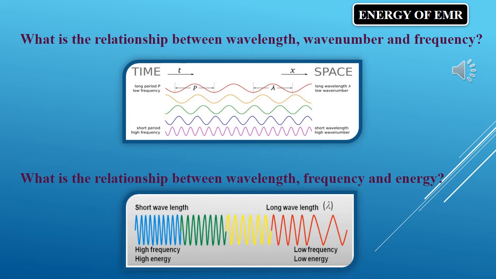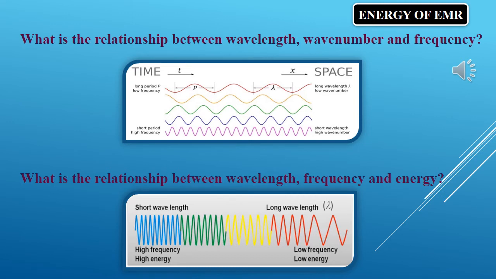In view of studying the energy of electromagnetic radiation, let's see the relationship between wavelength, wave number and frequency. When wavelength is increased, frequency is decreased. When wavelength is reduced, frequency is increased.